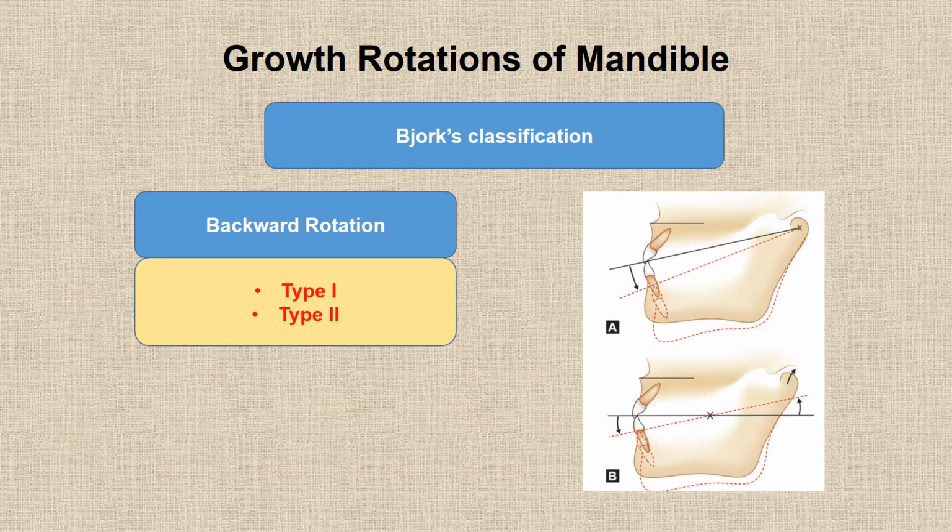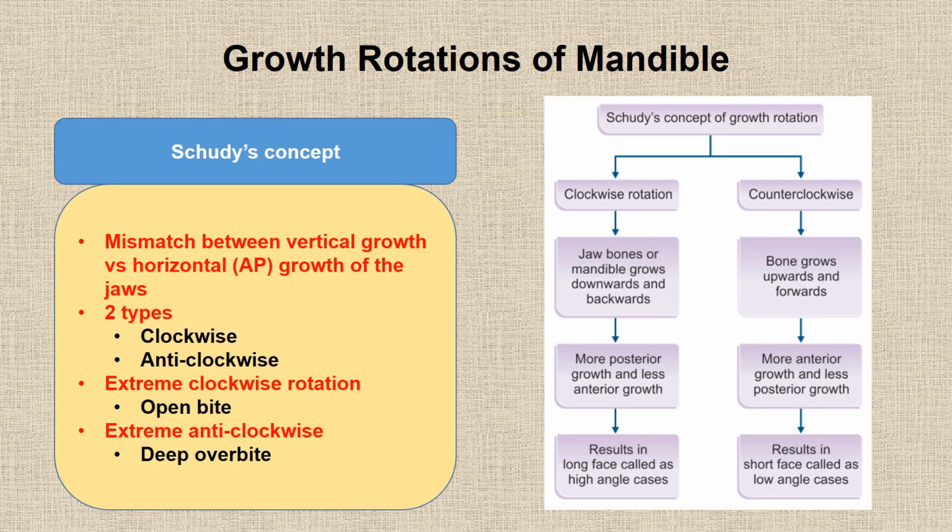Now, backward rotation, there are two types. Type 1, where the fulcrum of rotation is in the condyle, and type 2, where the fulcrum of rotation is in the premolars. Now, Schudy's concept of growth rotations is that he held the belief that growth rotation arises because of a mismatch between the vertical growth as compared to the horizontal growth of the jaws.